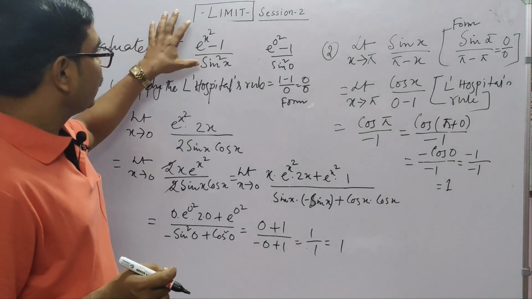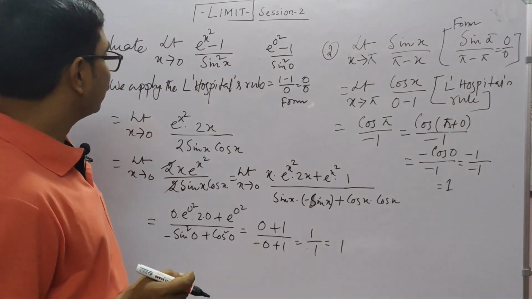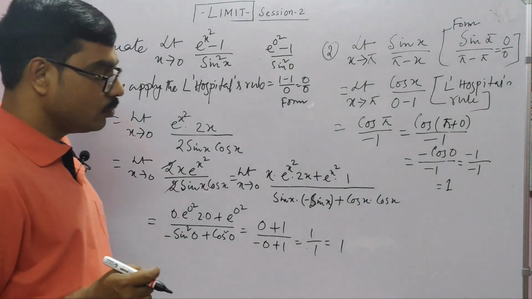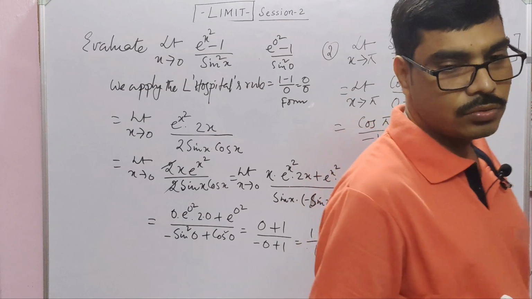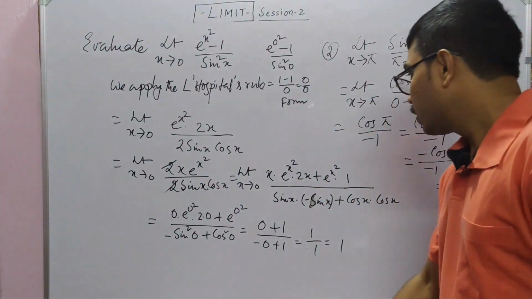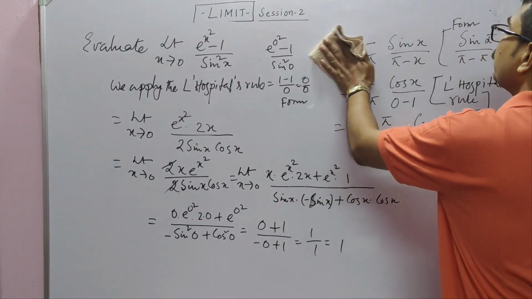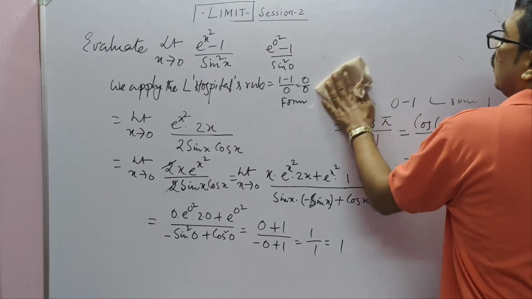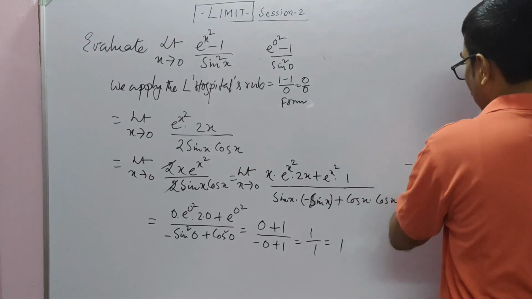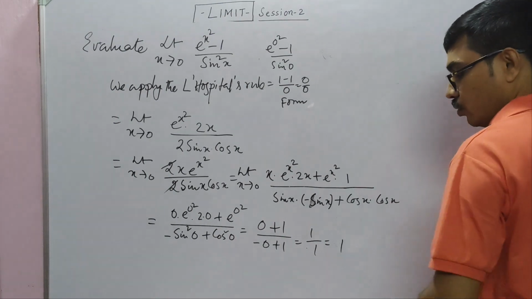So e to the power x square minus 1 by sin square x equals 1 when x tends to 0. We apply the indeterminate form, that is L'Hopital's rule.